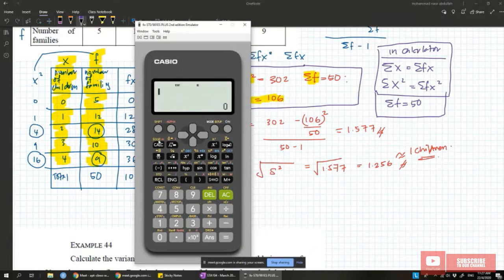You just press on, press shift, press 1, and then you find 4 for Variable.